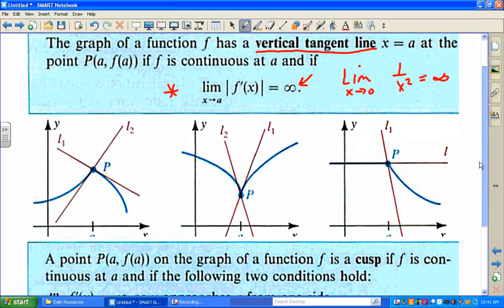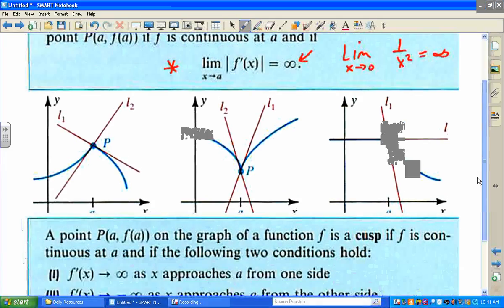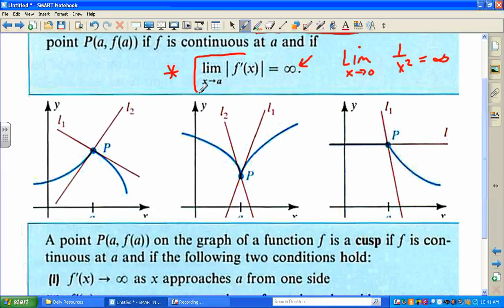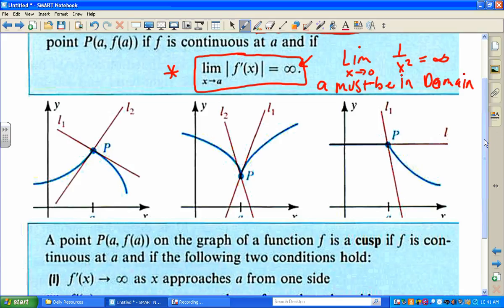And here are some examples of what a vertical tangent line might look like graphically. This is the definition, okay? A must be in the domain. You can't pull an x out of thin air.